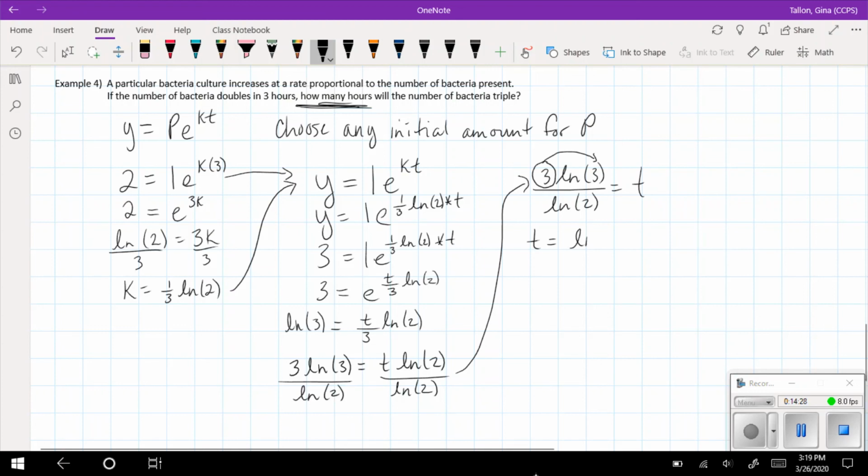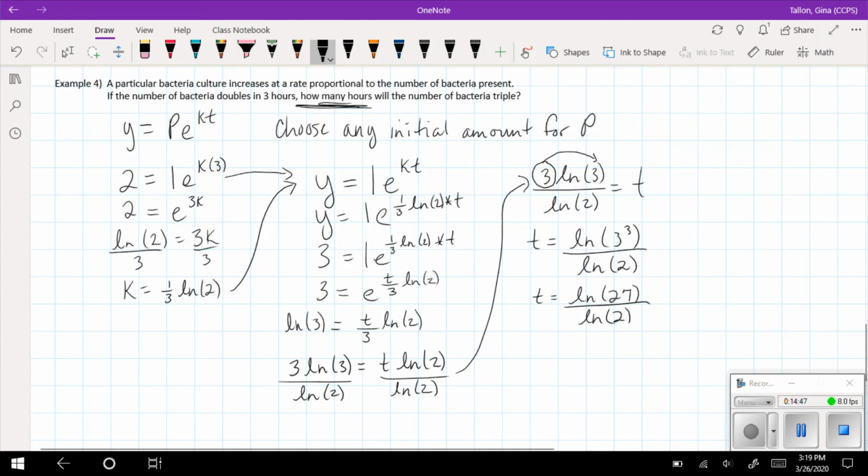So I'm guessing that this would be more like natural log of 3 cubed over the natural log of 2, which gives me a final answer of natural log of 27 divided by the natural log of 2.